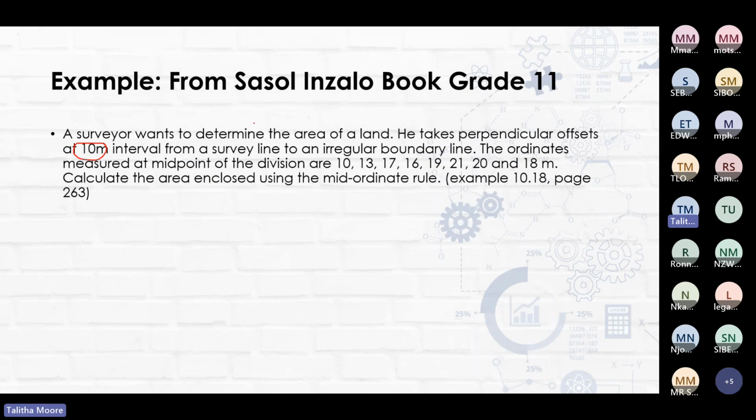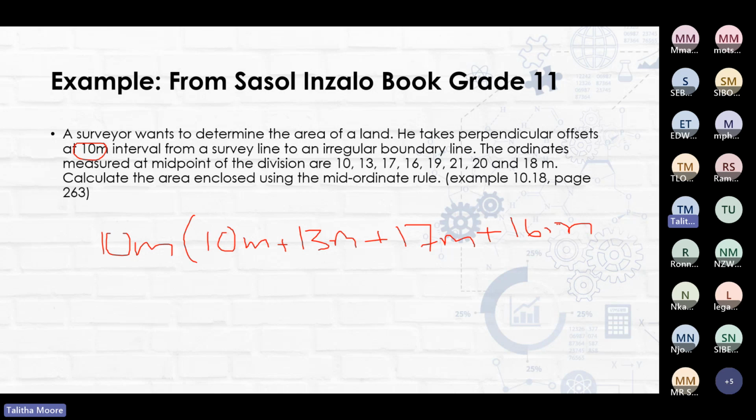So this area here is 10 meters times 10 meters plus 13 meters plus 17 meters plus 16 meters plus 19 plus 21 plus 20 plus 18.